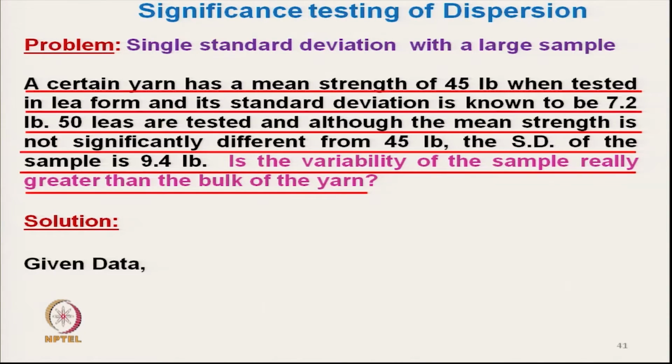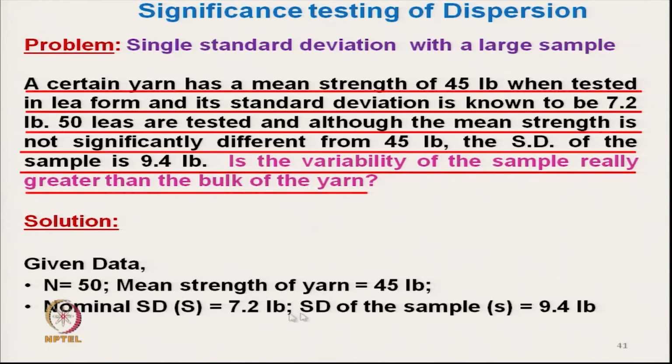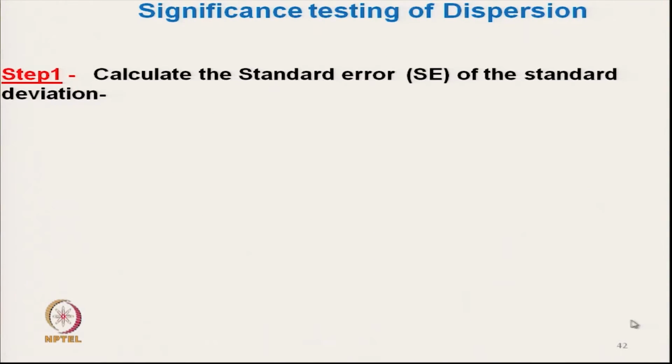Here the given data is n equal to 50, mean strength is 45, nominal standard deviation capital S is 7.2 and standard deviation of sample, small s, is 9.4. Now, step 1 is to calculate the standard error of standard deviation.